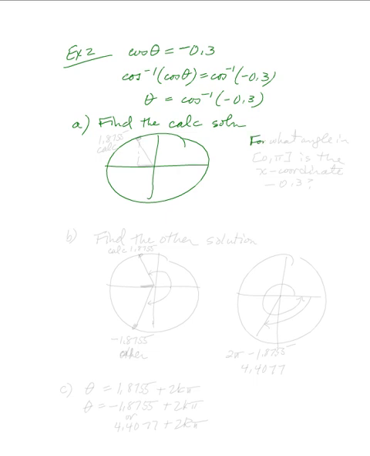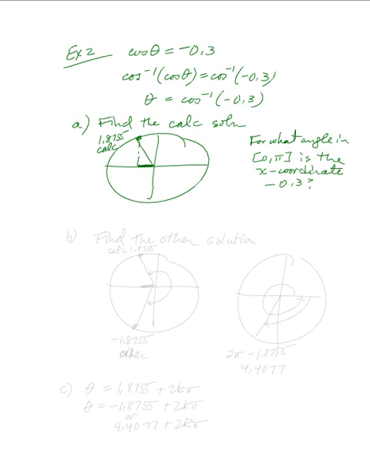You're saying, for what angle in the interval 0 to pi is the x-coordinate negative 0.3? So where is it that x is negative 0.3? Well, it's somewhere here. There's x being negative 0.3. And the calculator between 0 and pi is going to give you this solution right here. When you put that in there, you get 1.8755. That's the calculator solution.